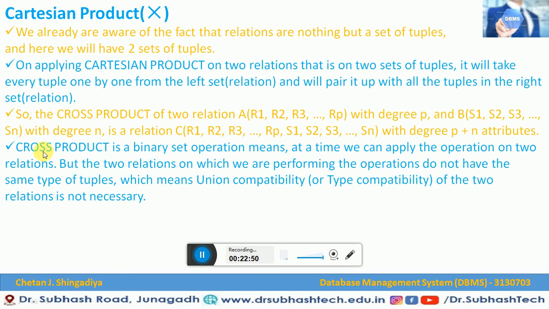The cross product is a binary set operation, meaning at a time we can apply the operation on two relations. But those relations do not need to have the same type of tuples, which means union compatibility or type compatibility of the two relations is not necessary. Let us understand the Cartesian product with the help of an example also.